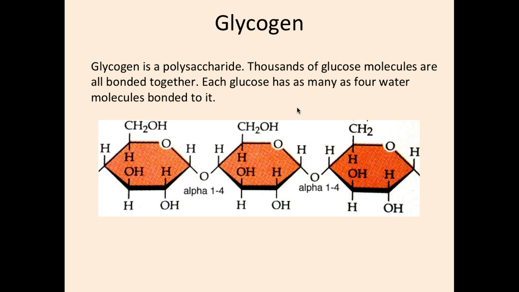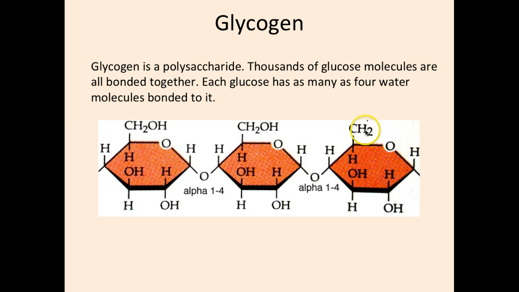Glycogen, looking at that animal starch, the short-term storage, is a polysaccharide. So monosaccharide was one sugar. A polysaccharide is many sugars. The prefix poly refers to many. And there are thousands of glucose molecules that are all bonded together. So if you take one glucose and another glucose and you bond them one next to the other, we're going to get a glycogen molecule.